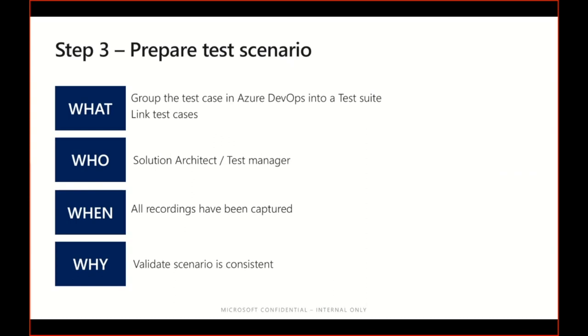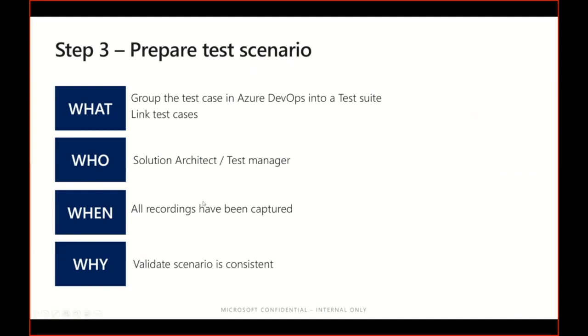When they have finished, they will inform us about it, and that's the moment we can start. The outcome of this step is that we validate that our scenario is consistent. As I was indicating, the two primary things we're trying to achieve is making sure that it can be played repetitively and that we can predict the outcome upfront.